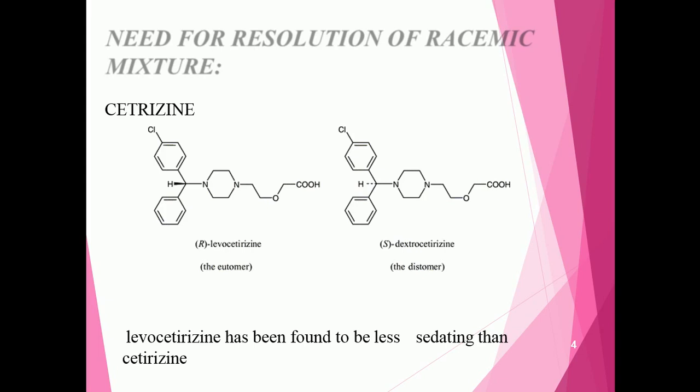For an example, if you talk about antibiotic categories, there again ofloxacin and levofloxacin. Why is the levo given? Because the levo isomer of ofloxacin is found to be more potent. So we must separate a single enantiomer from that racemic mixture after the synthesis.